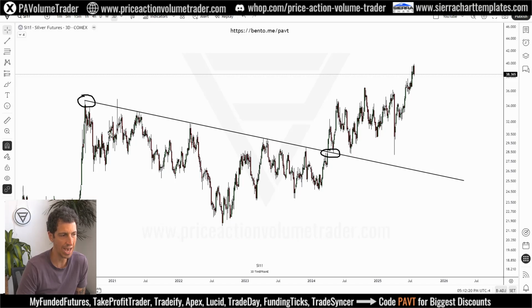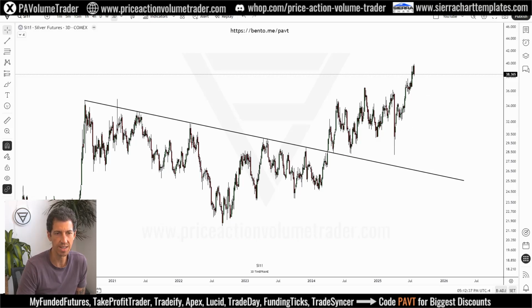So we pretty much had almost 4 years right here on this chart of this trend line coming down that we broke. We already backtested it, and you can see we are now ripping higher, okay?